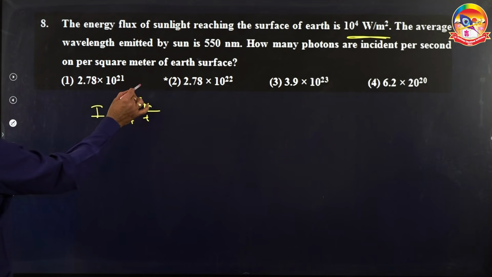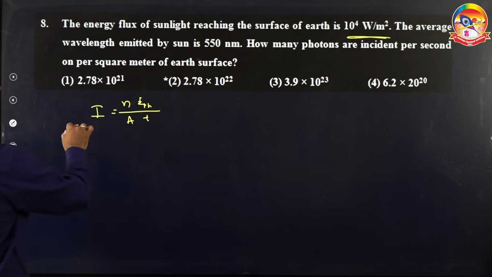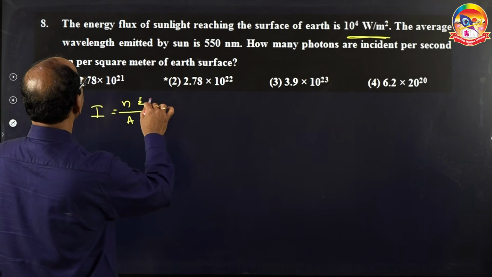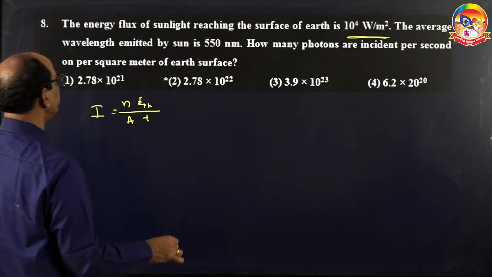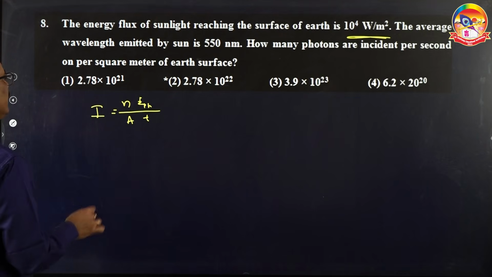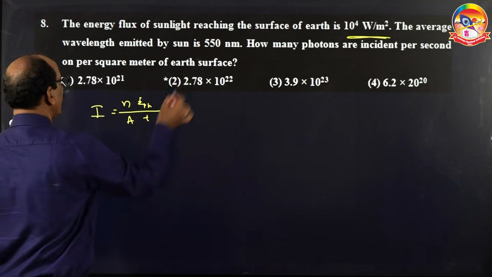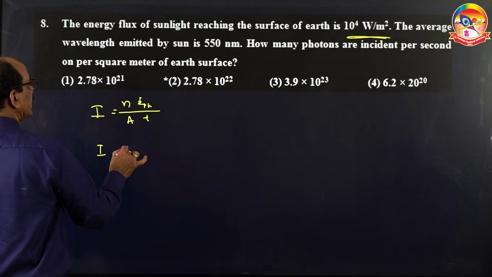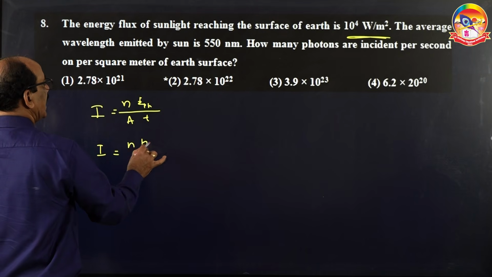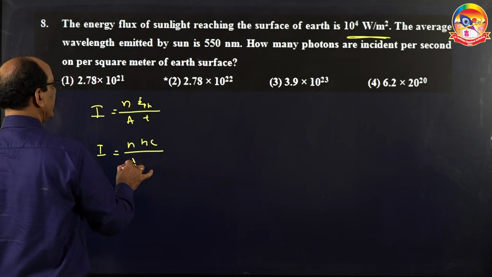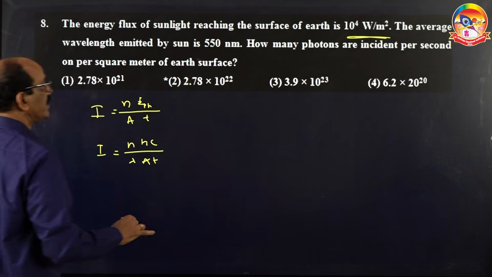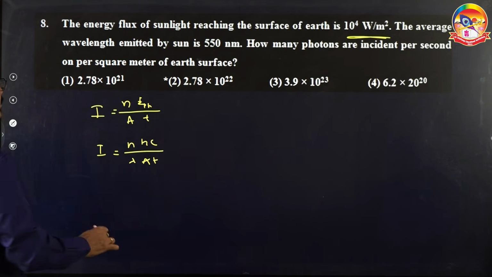So here, the number of photons incident per square meter on the earth. We can write the energy of the photon as n into hc by lambda, into A t.